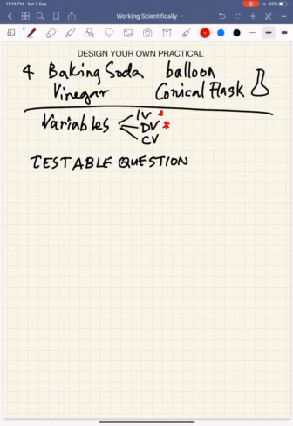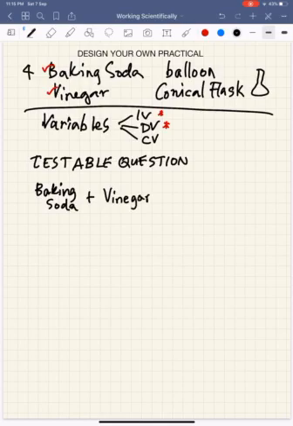Now, in our last experiment, we used baking soda and vinegar. We know that if we put together baking soda plus vinegar, there will be a reaction which will produce a gas, and this gas is carbon dioxide. So we know there will be a gas.